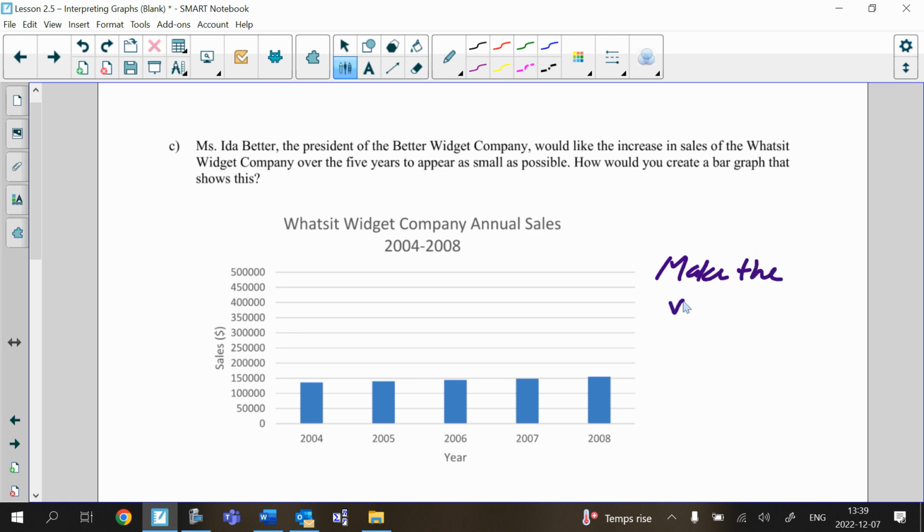Start at 0, but instead of finishing, say, at 200,000, a little bit above the highest value in the data, go 300 or 400 or 500. The bigger this is, the smaller this increase will look.